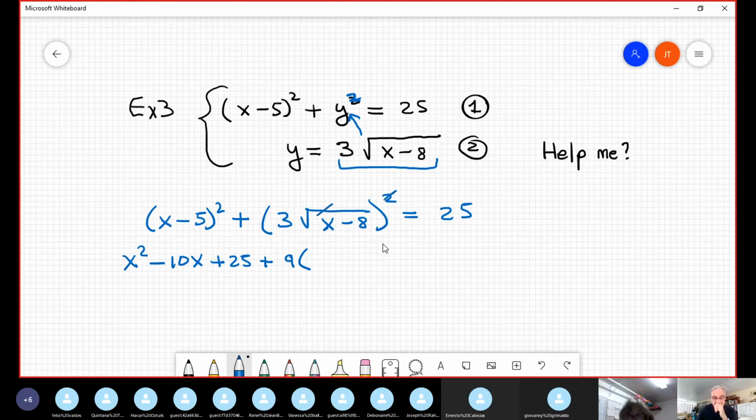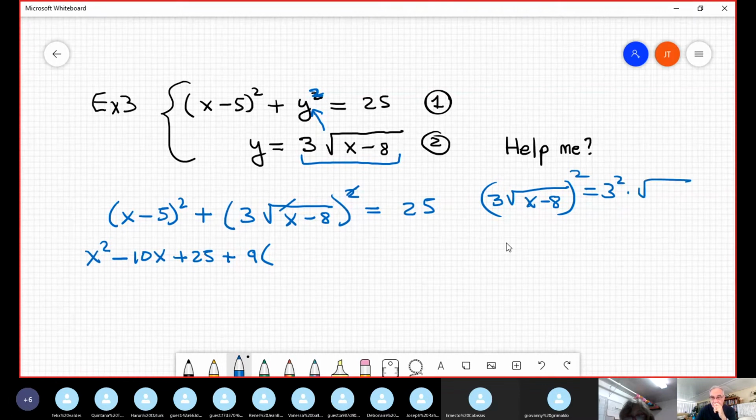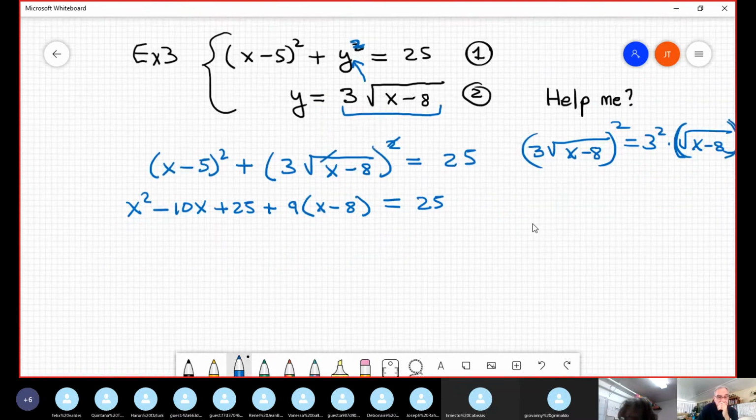So basically, 3 square root x minus 8 squared is equivalent to 3 squared times the square root x minus 8 squared. This is 9, I copy, and the square root of x minus 8 squared is just x minus 8, but it's extremely important. Don't forget this parenthesis. Again, but without the square root, equal 25. Everyone follow me so far? Let me zoom.